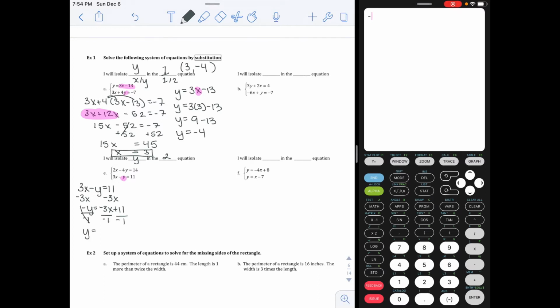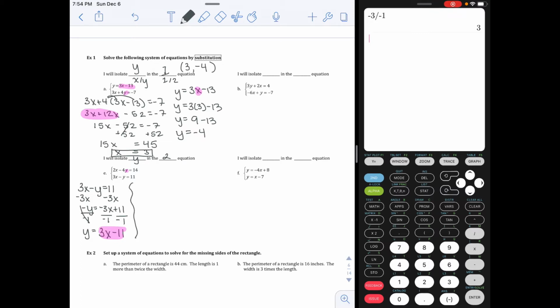I'm going to double check. Negative 3 divided by negative 1 is a positive 3x. Positive 11 divided by negative 1 is a negative 11. Okay, so we have this isolated one, and now in the other equation, wherever I saw a y, I'm going to replace it with this 3x minus 11.